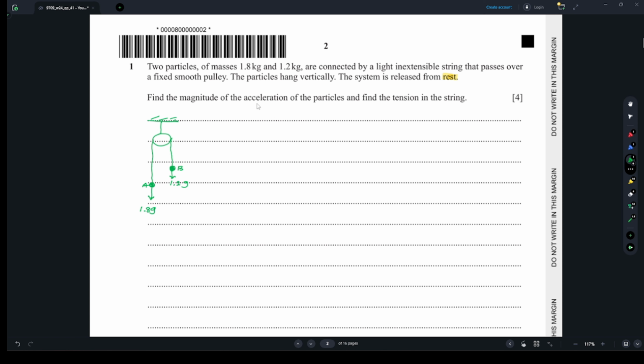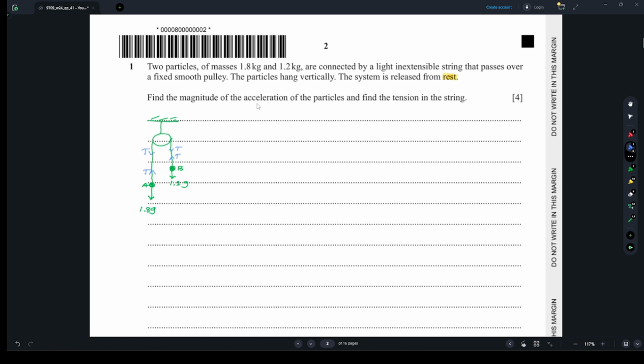Then when we write equations, it's easy for us to call them. And then the tension. It's a continuous string, so the tension all around the string is the same. In general, we indicate it like this.